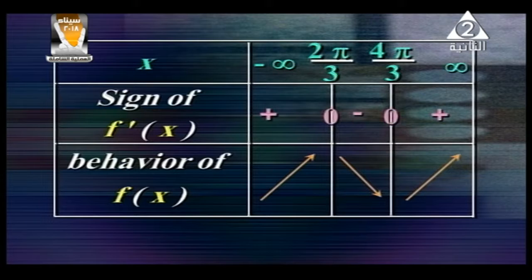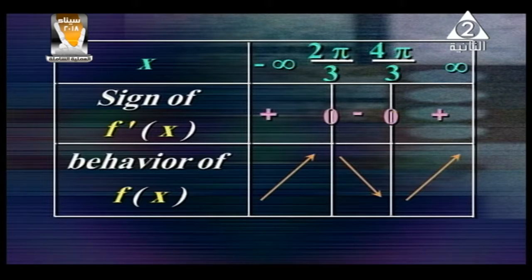When we find f dash x in the first interval, we know that the behavior of the function is increasing. Why? Because the sign of f dash is more than 0, or positive.